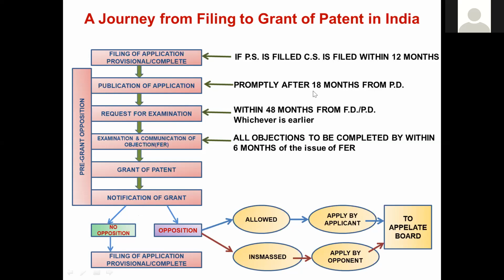So here you can see the timelines and other things. If you pursue it regularly, then it will be allotted in 2 years. If you just file it and keep it, then it will take more time. Once everything is clear, the patent will be granted and notified.